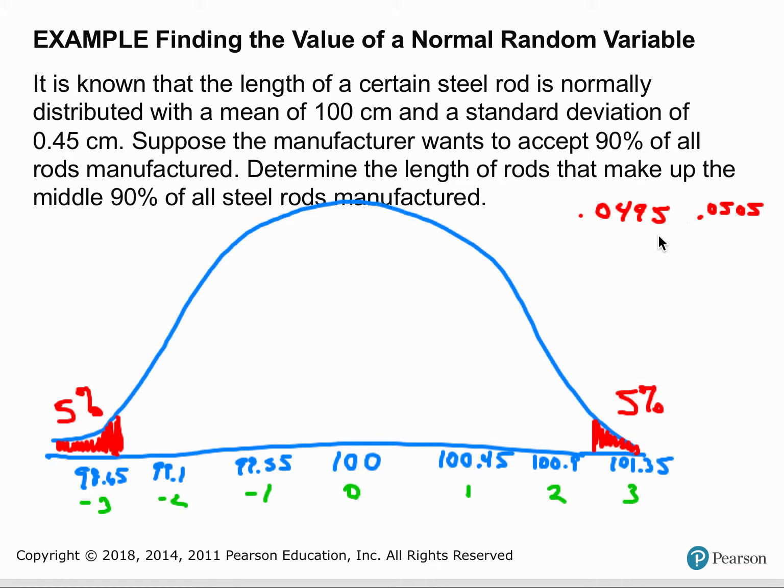Okay, so let's do this. 0.0495 plus 0.0505. Not this. I know what's halfway in between there is 0.05. Duh. Okay, I want to average my z-score. So let me go back to the 0.04. Where did I find that at? I moved my marker.